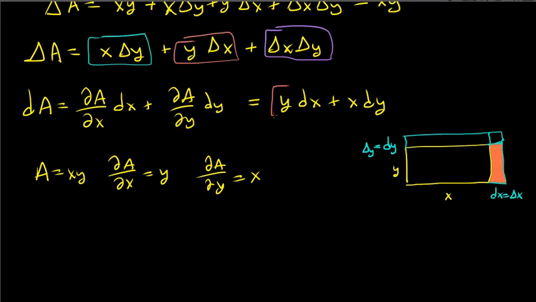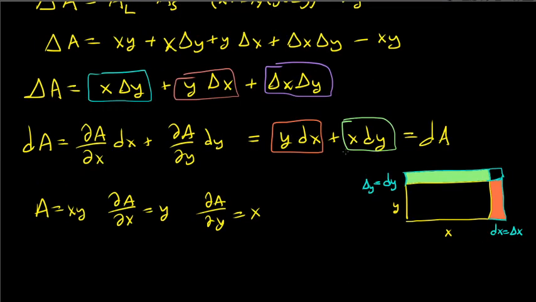So y dx is this term here. And in green, we have x dy, that's this term in here. But that's it. So that's dA.